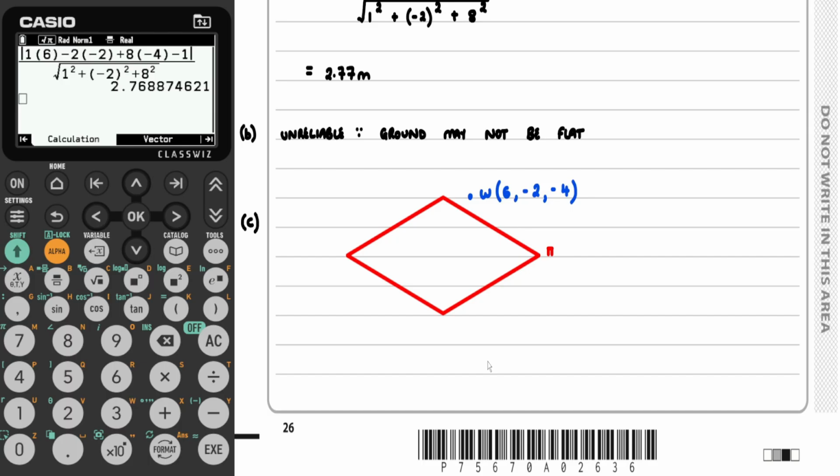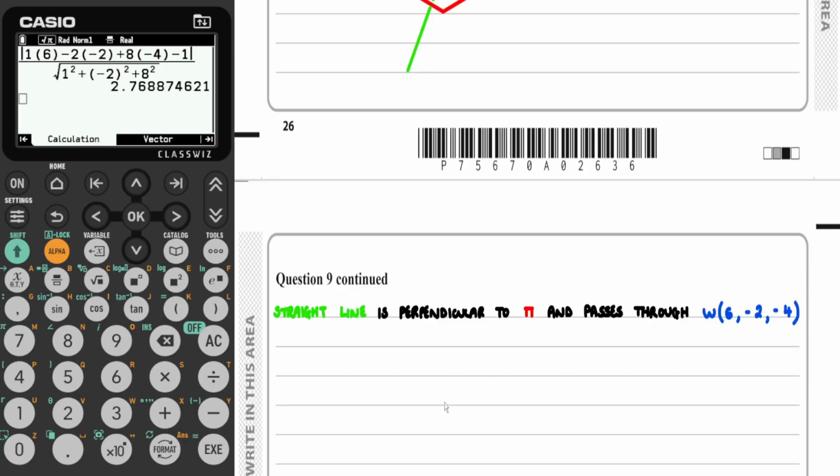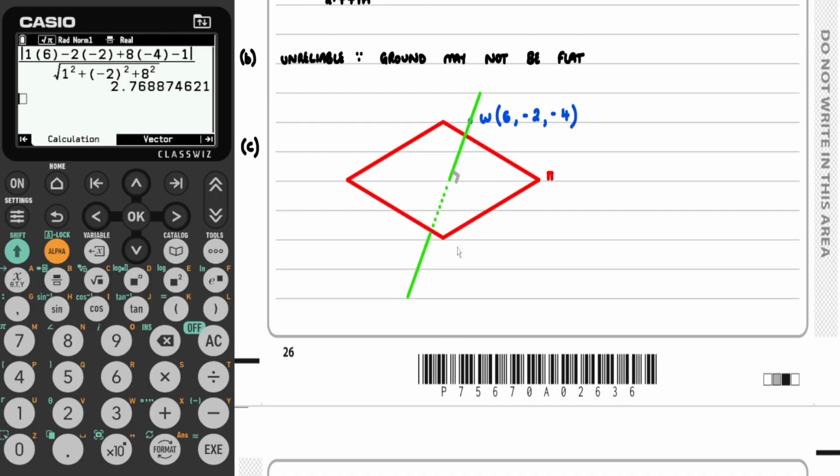We've got the point W and we're drilling a hole from W. As we're concerned with the shortest distance, the straight line is perpendicular to pi and passes through W with coordinates 6, -2, -4. And here you can see the symbol for a line which is perpendicular.